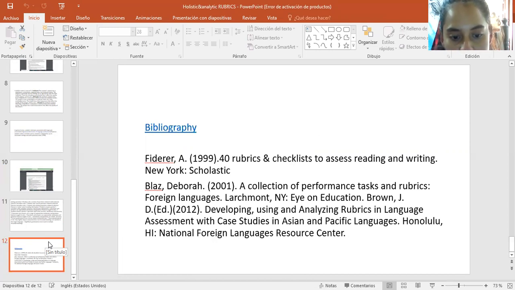Developing and using analytic rubrics, a language assessment with case studies in Asia and the Pacific, National Foreign Language Resource Center.